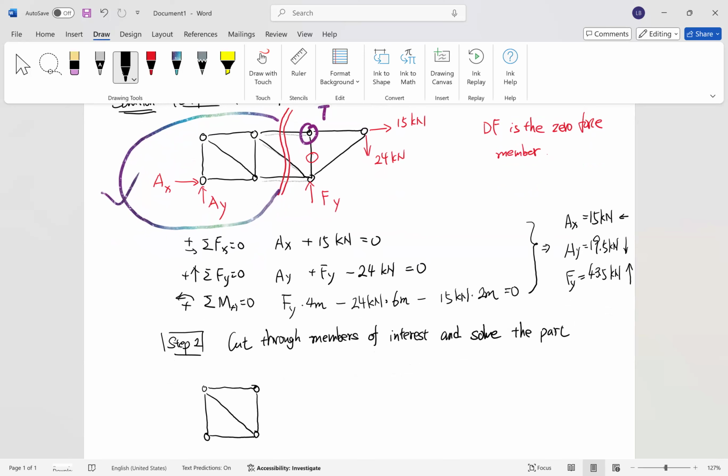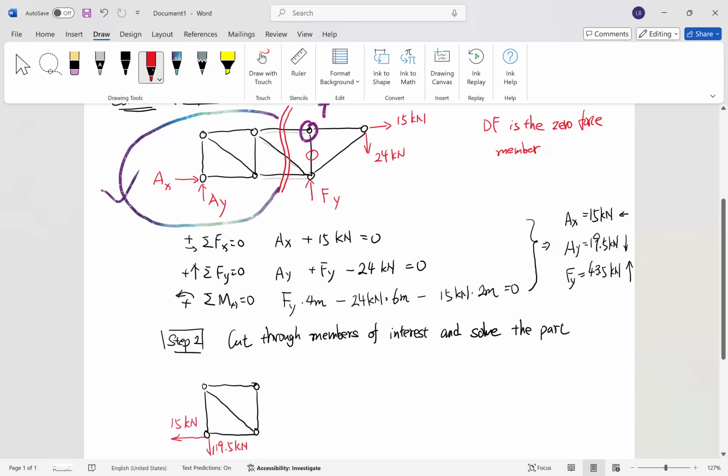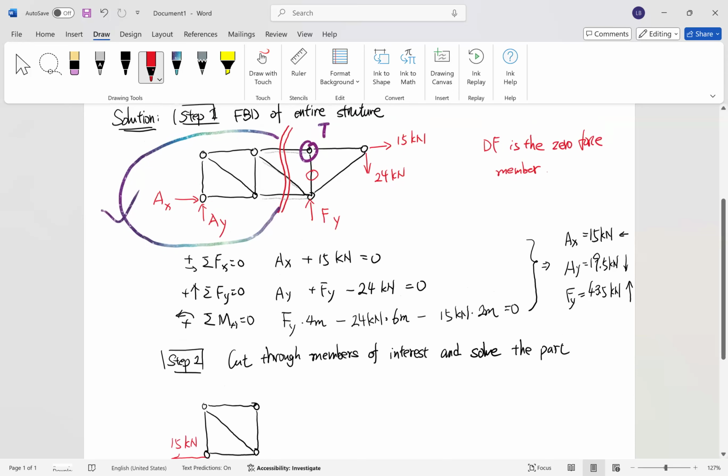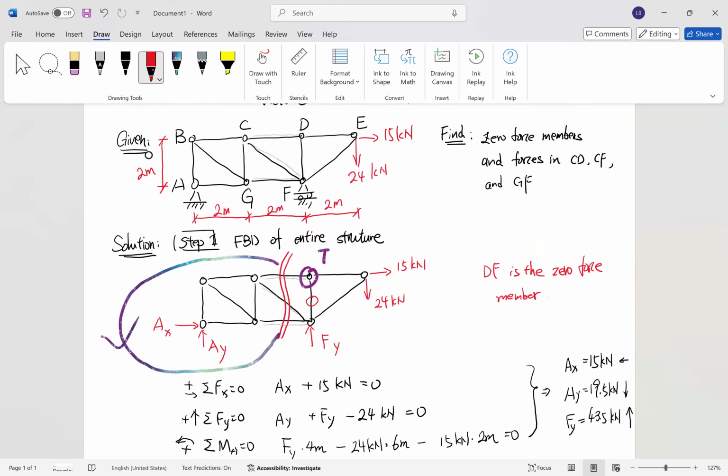For the left part, we see that we have AX and AY, right? We've already solved those in the first step, so we need to include them. AX is actually 15 kilonewton going towards the left. We need to include the actual direction. And we have AY, 19.5 kilonewton going downward. Okay, what else here? Note that we separated the left part out by cutting through the members CD, CF, and GF.